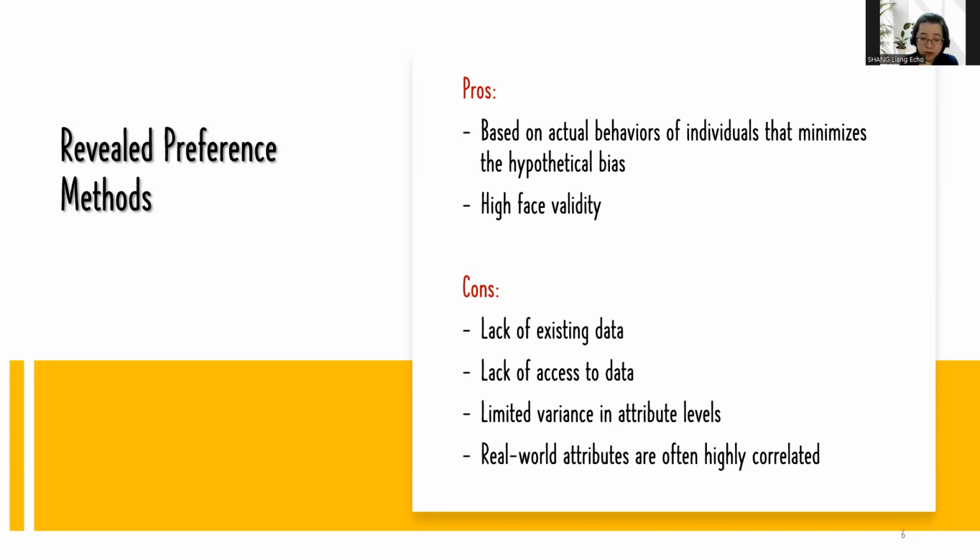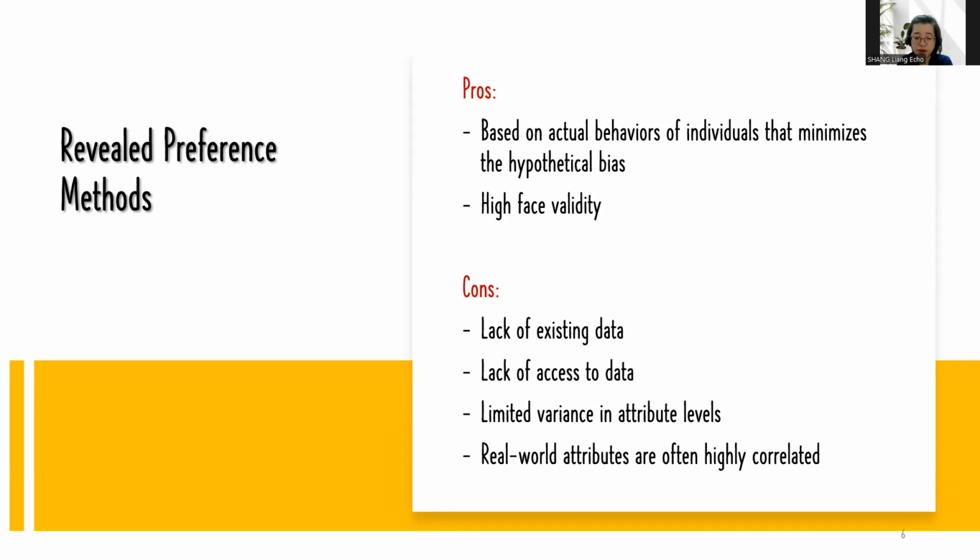One final problem with this method is that in real-world situations, the attributes or characteristics of a product or a service are often highly correlated. For example, if we want to study people's preferences towards iPhones, we want to know which feature is most important to them.